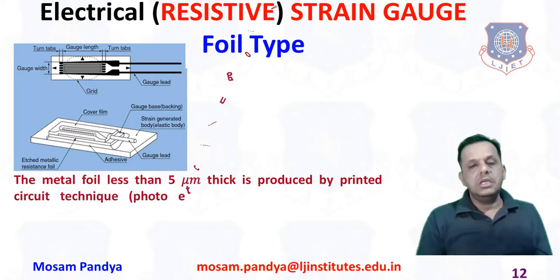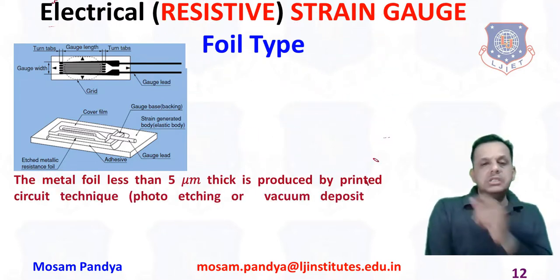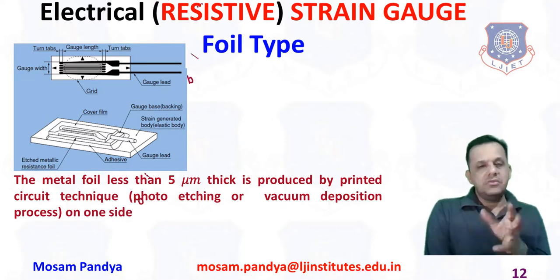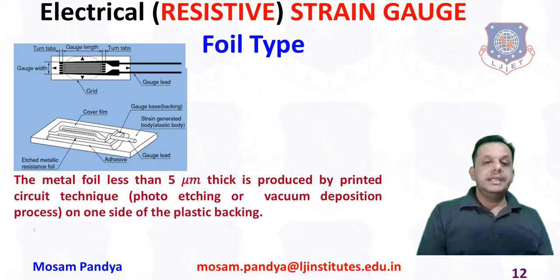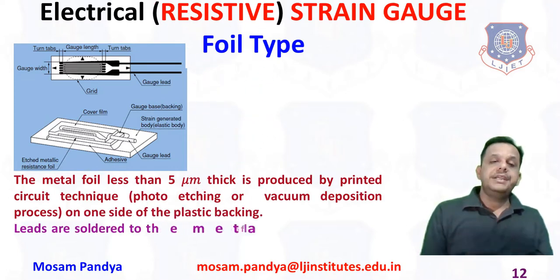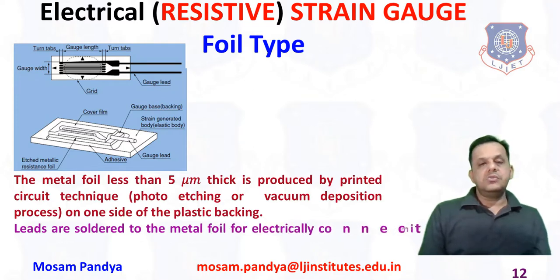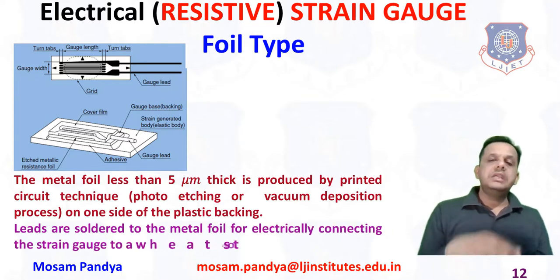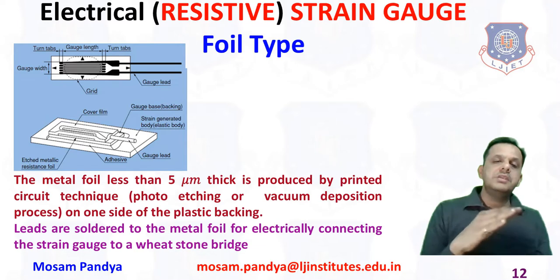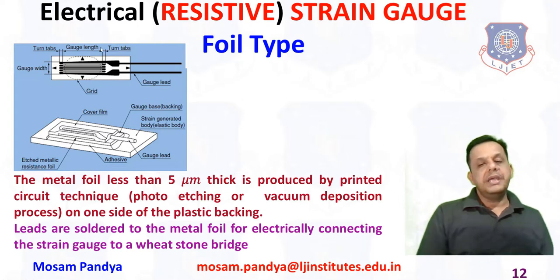So metal foil of a very small thickness, say around 5 micrometer, is produced like a printed circuit technique. It is as good as printing a circuit on a PCB. Similarly, we print the grid on a plastic backing by using, say, photo etching or vacuum deposition process.